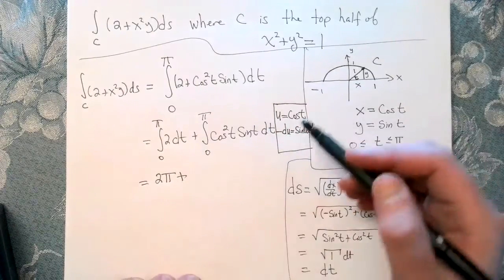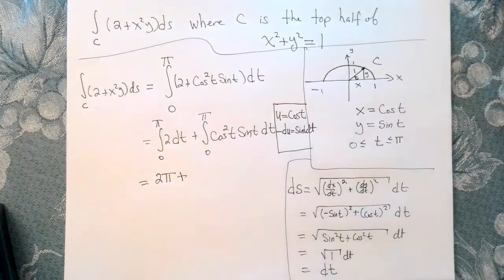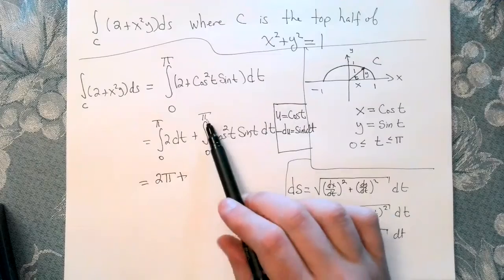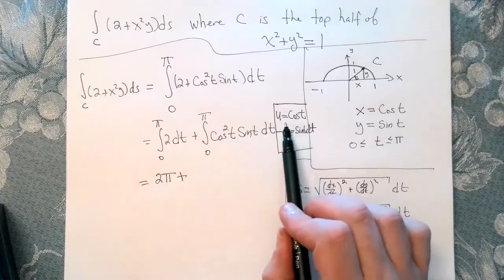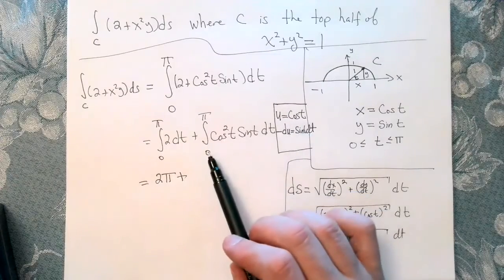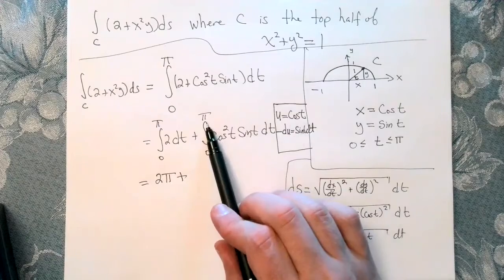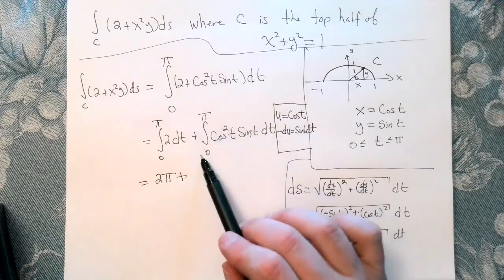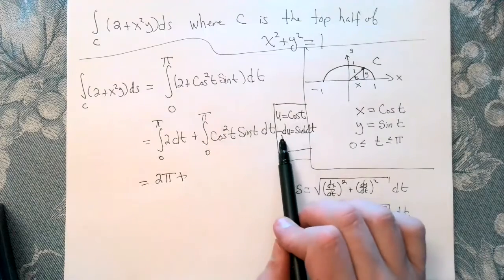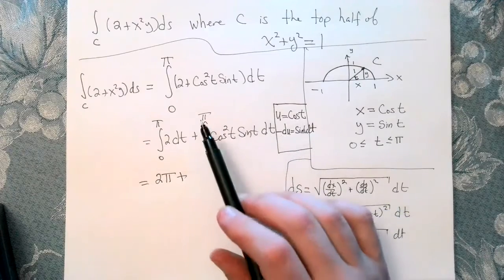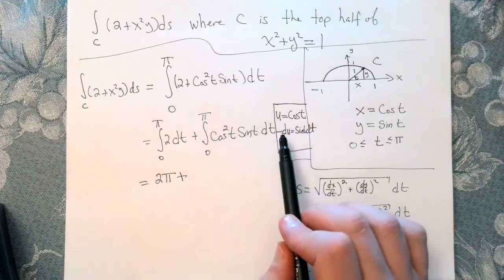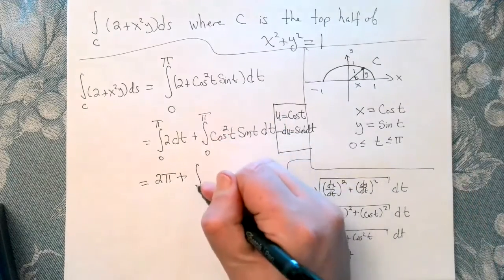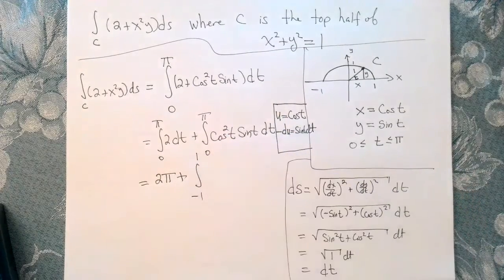So let's think this through. If I plug in 0, cosine of 0 is 1. If I plug in pi, cosine of pi is -1, so that'll be the integral from 1 to -1. But that's negative, and we know if we switch the order, that will get rid of the negative. So this will be the integral from -1 to 1.